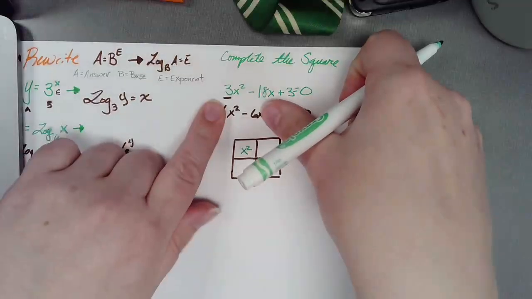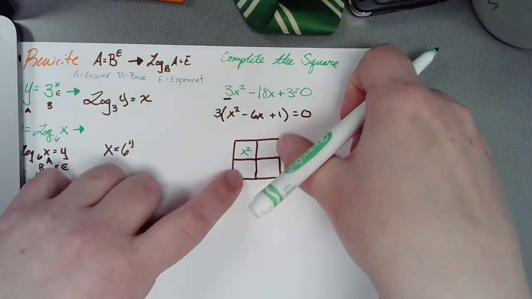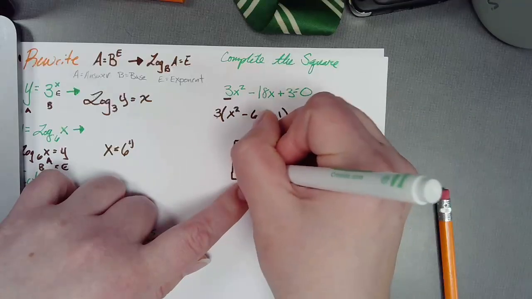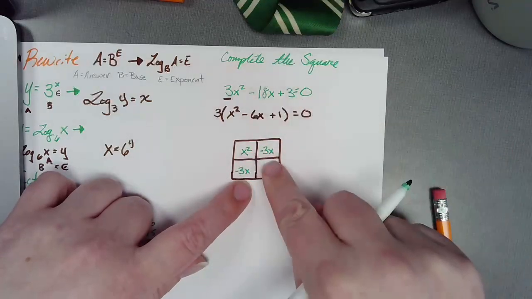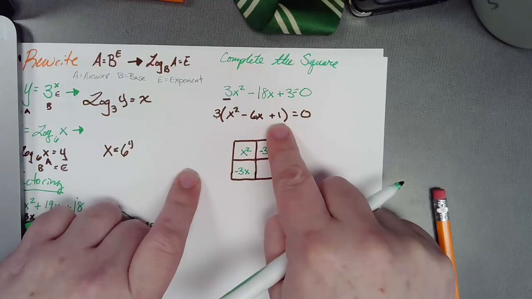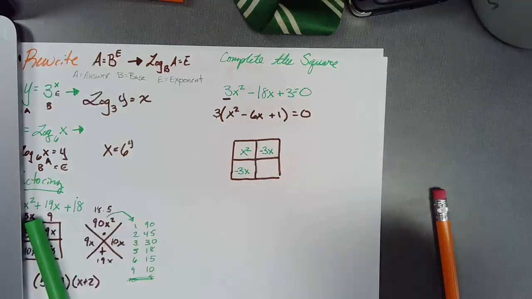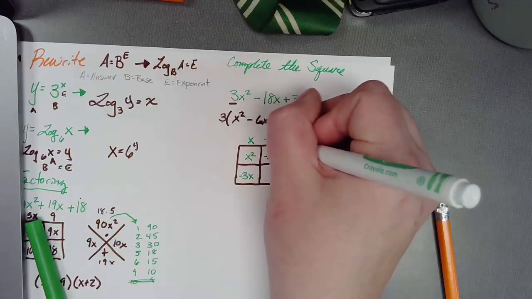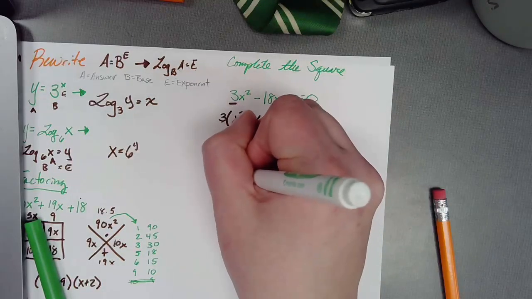But in completing the square, since we need that 6x to break up evenly, we say this is going to have to be negative 3x and negative 3x. Because that's going to lead us to having a square. Since these are the same number, that means the sides will have to be the same. I'm ignoring this bottom box for a moment. So now that I've got most of my stuff in place, I can set up the sides of the box.